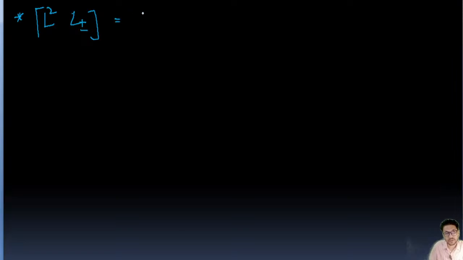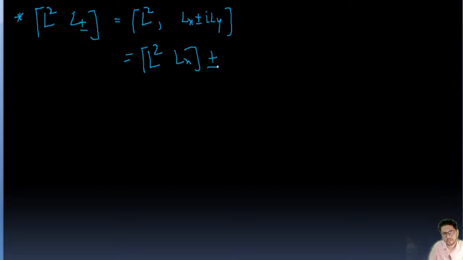We'll write L square, and this L plus minus is Lx plus minus iota Ly. I'm writing together: for L plus it is Lx plus iota Ly, and for L minus it is Lx minus iota Ly. By the commutation property, this is going to be L square Lx plus minus iota L square Ly.